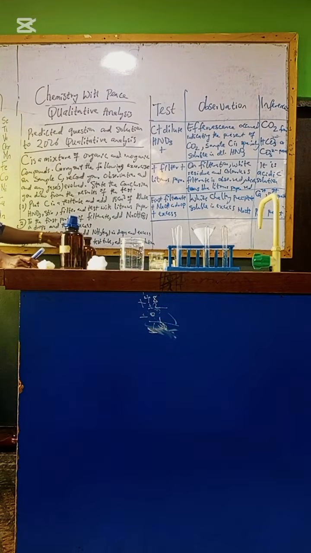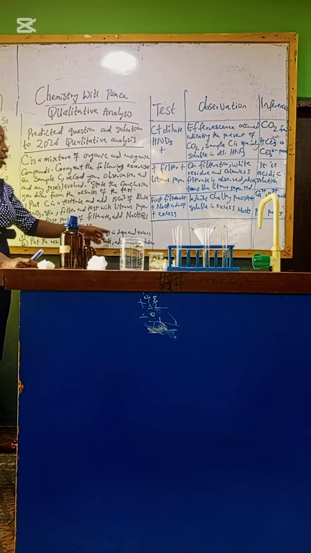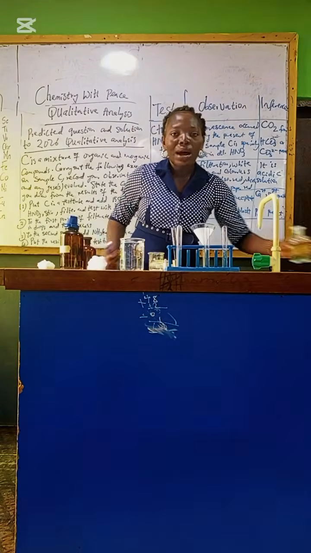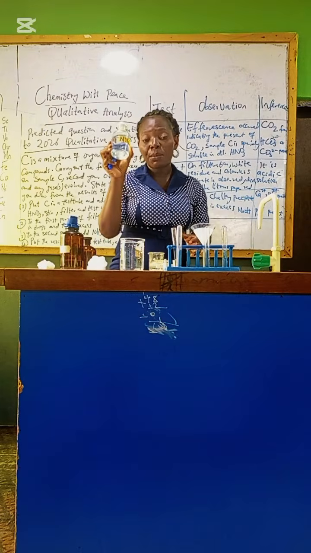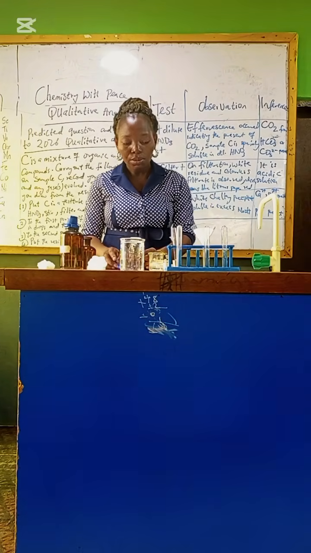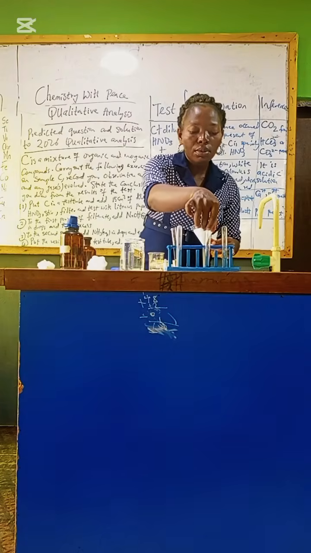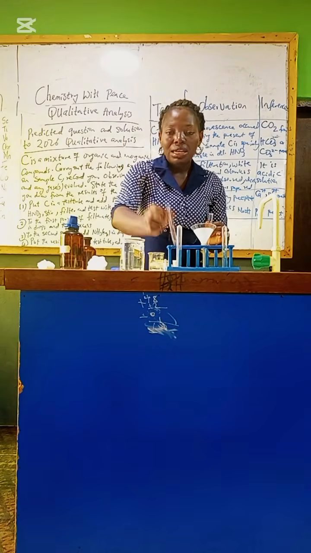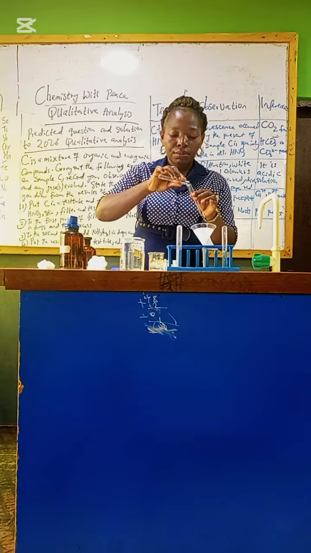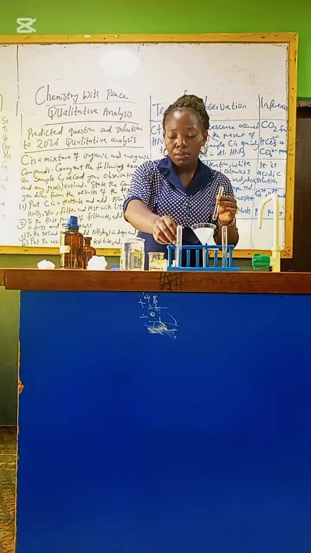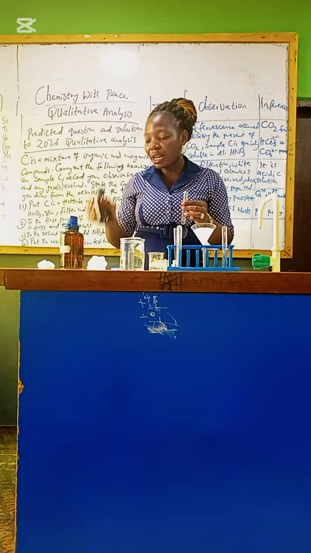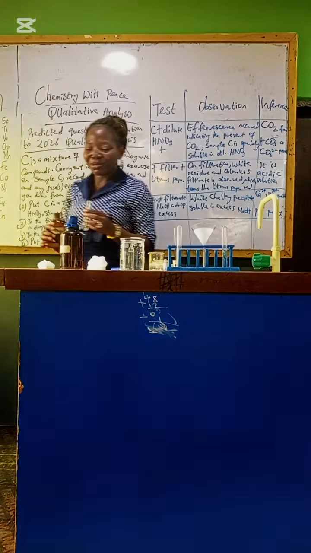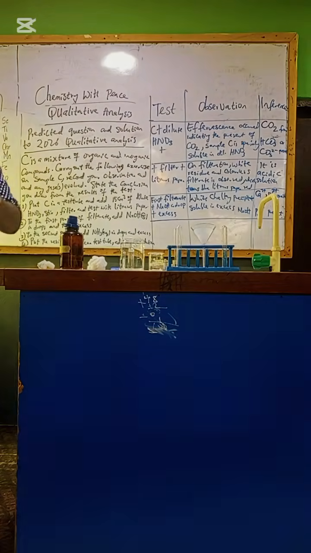To the second portion, add ammonia, aqueous, in drops and excess. Here is our ammonia. This is the ammonia solution. We are going to get another portion of our filtrate, plus ammonia solution. I still want you to observe everything that is happening.